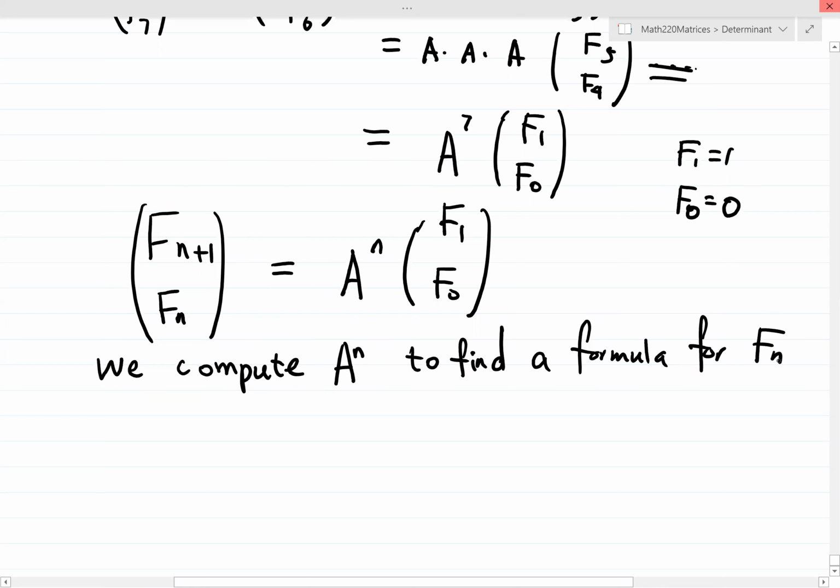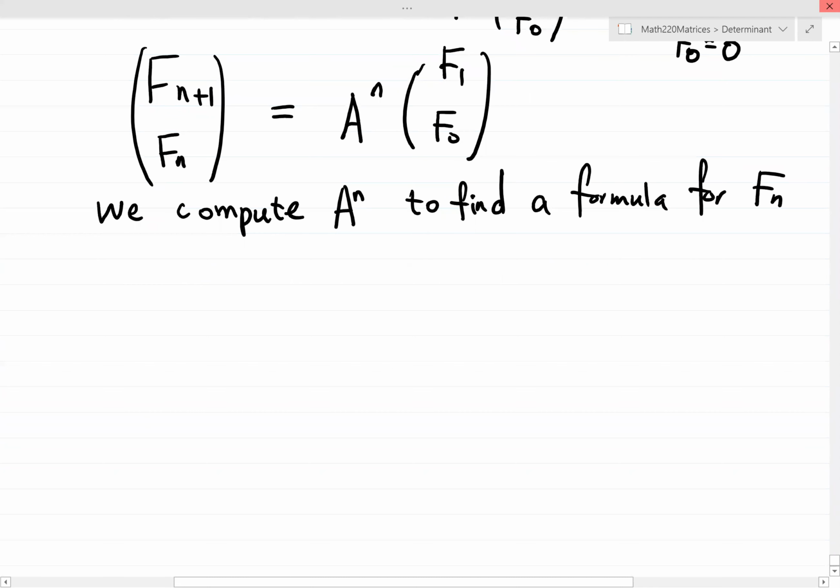Now remember, to compute directly is computationally expensive, and we don't have a general formula. So we use a diagonalizable matrix to find the power.